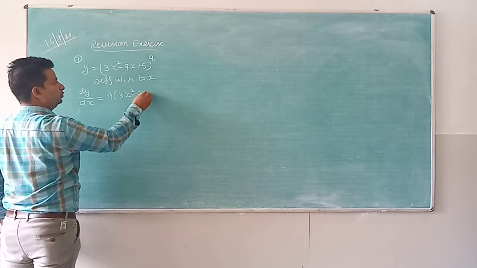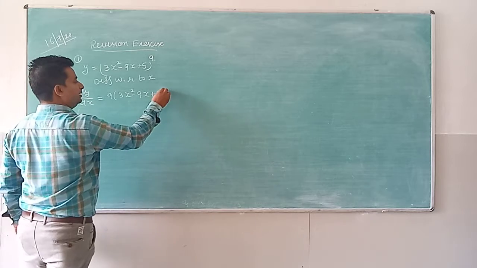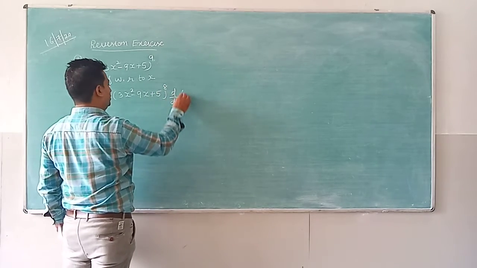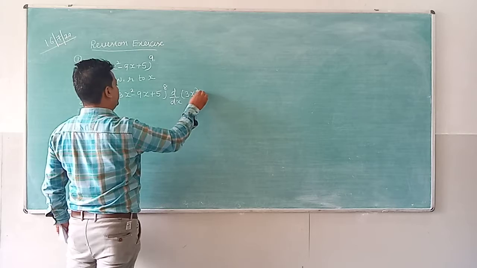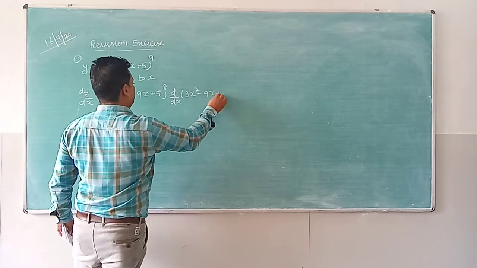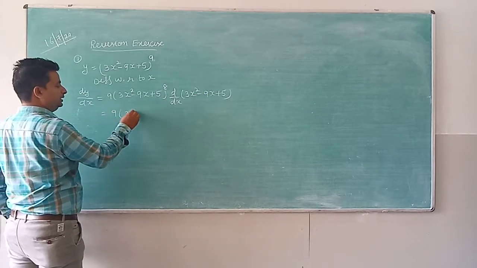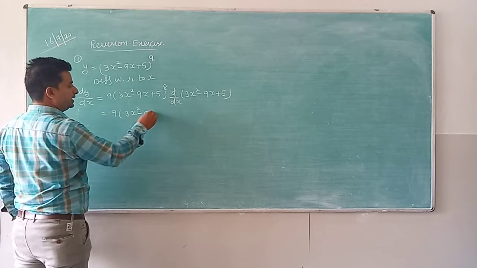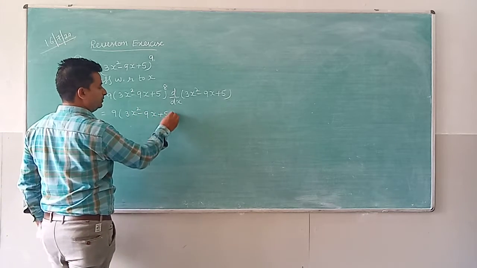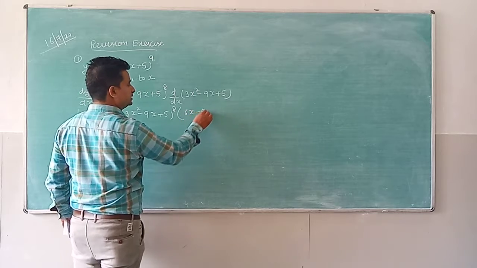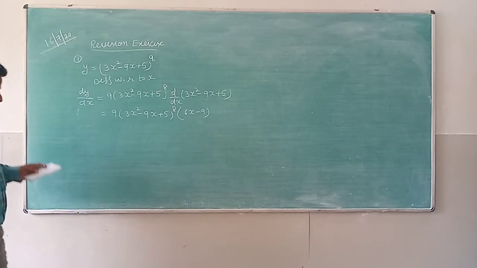For the power rule, 9 comes in front and the power becomes 8, into the derivative of the inside term. So this is 9(3x² − 9x + 5)^8. Differentiation of the inside is 6x − 9.